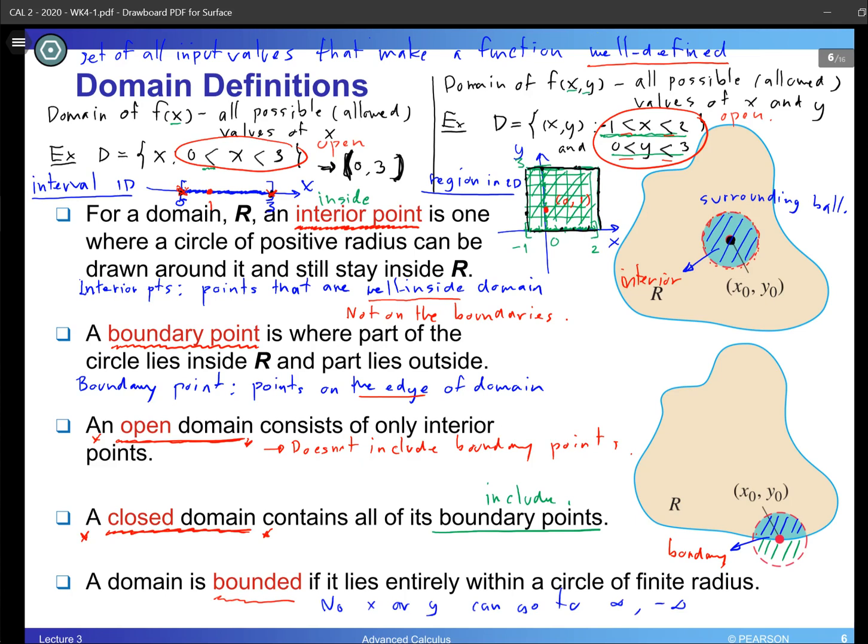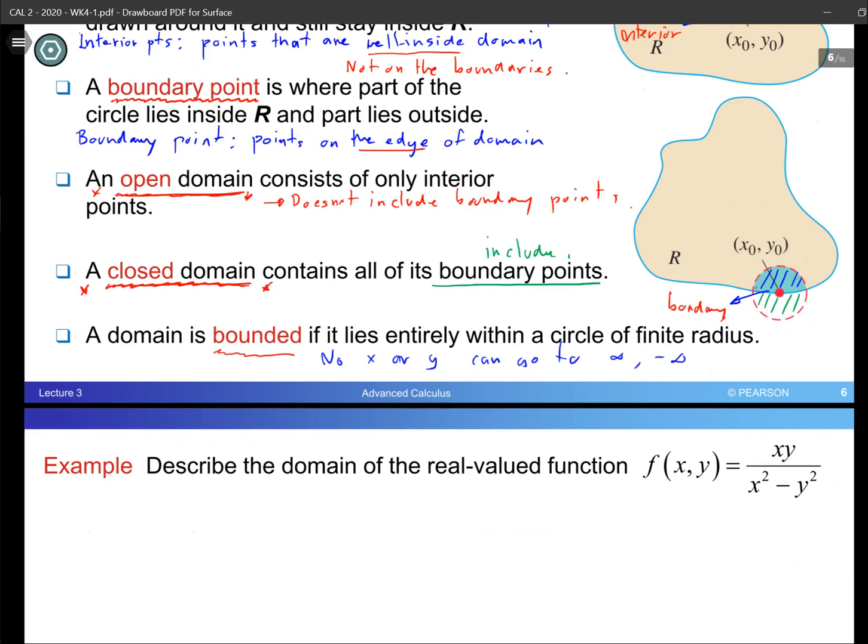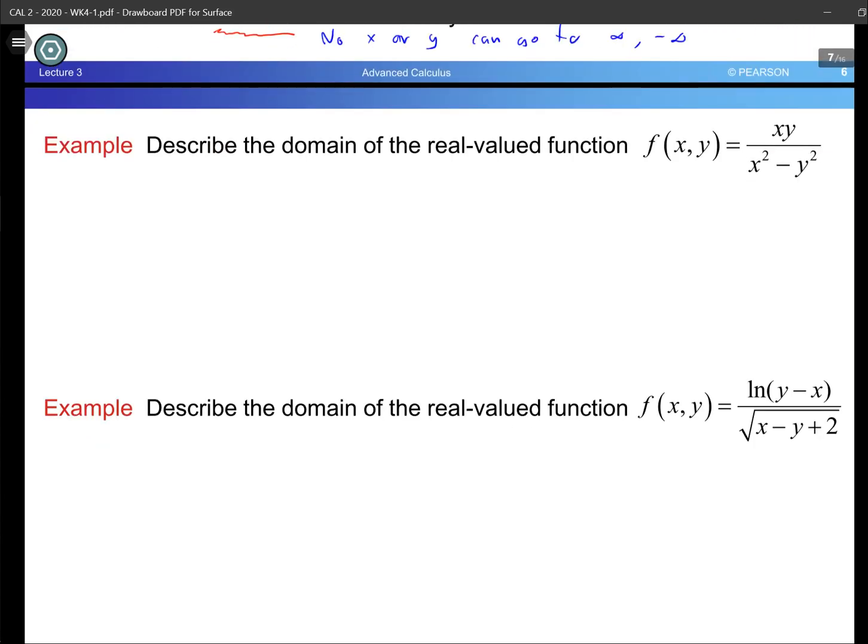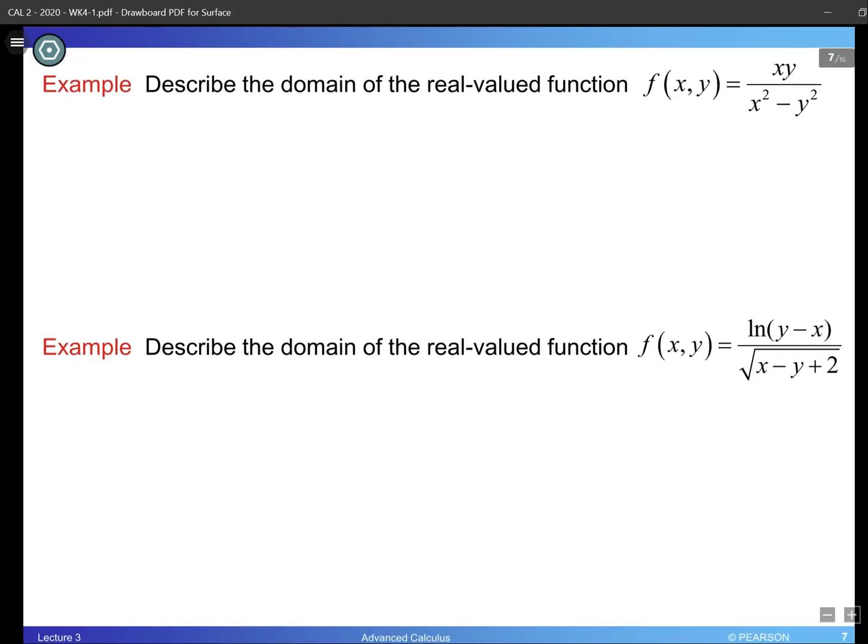Okay, now that we know the concept of this domain set, let's try to do some examples. In these examples, we are going to try to describe the domain of some multivariable functions, and in the end, we are going to plot the domain set on the graph. So let's focus on the first one here. Here we have this function of x y, equal to the fraction of xy divided by x squared minus y squared.